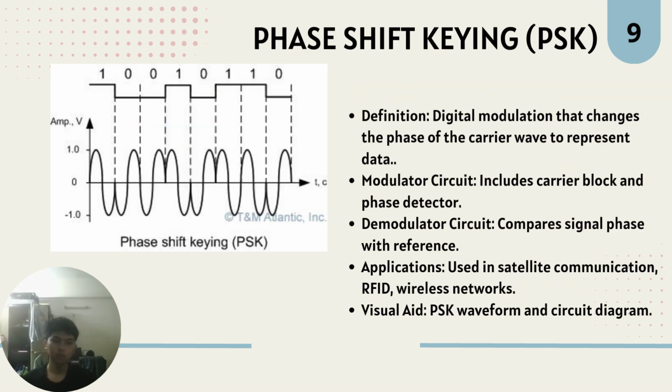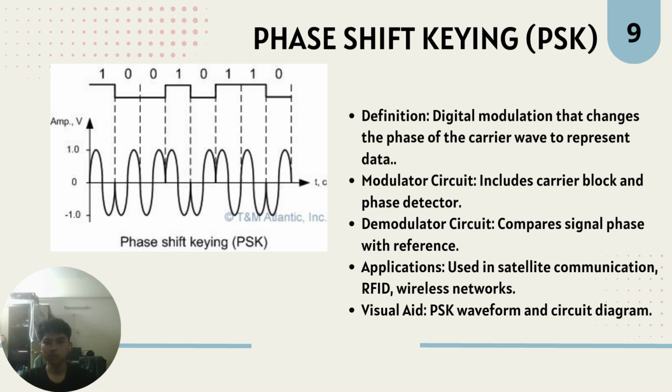Now moving along to slide 9, which is phase shift keying, PSK. Digital modulation PSK is another digital modulation method that changes the phase of the carrier wave instead of the amplitude or frequency. It is commonly used in satellites, Wi-Fi, and RFID systems.